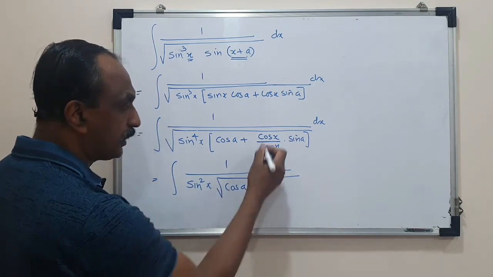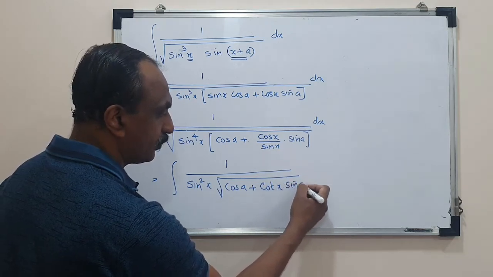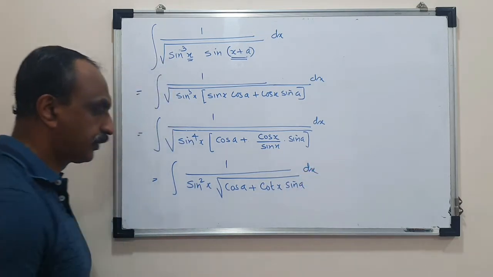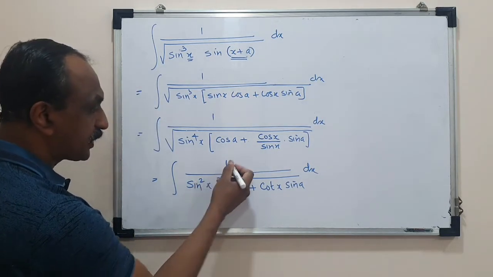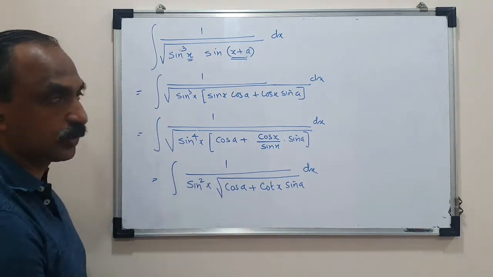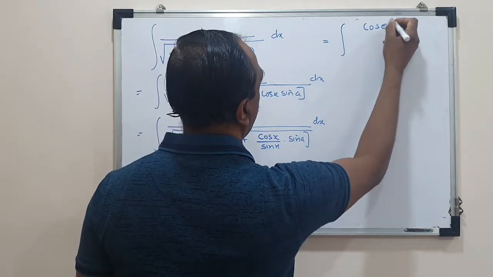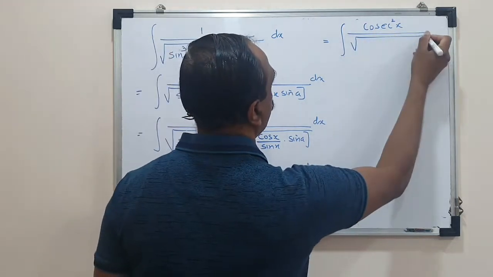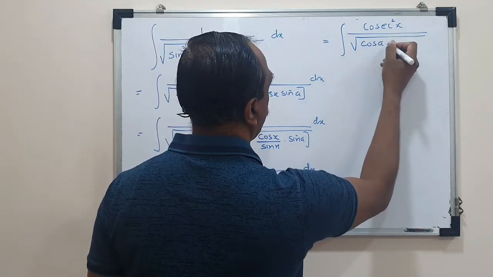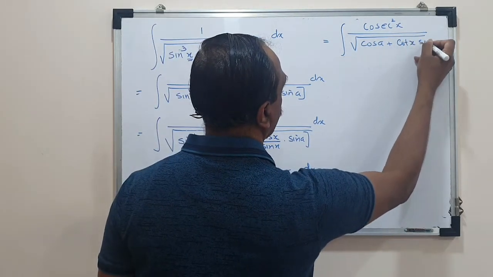We don't have to bother about that. This became cot x into sin a. Now you can see cot x derivative is cosec square x, that is present here. 1 by sin square x is cosec square x. So I can write this as cosec square x dx divided by root of cos a plus cot x into sin a.